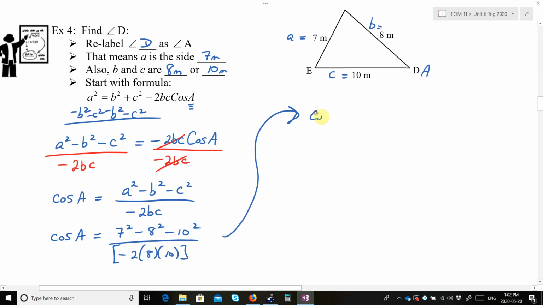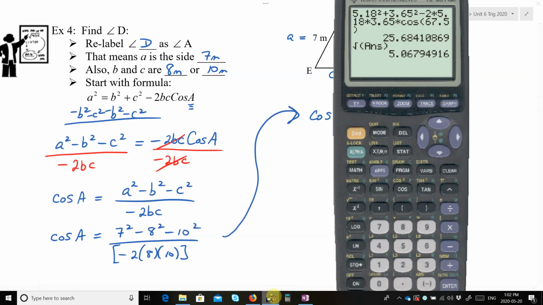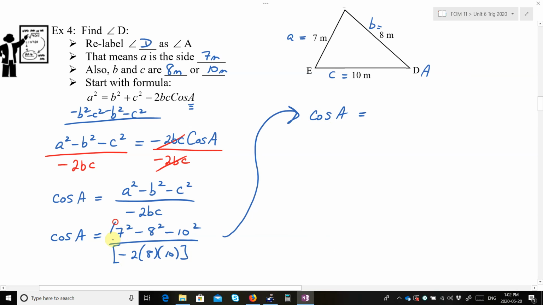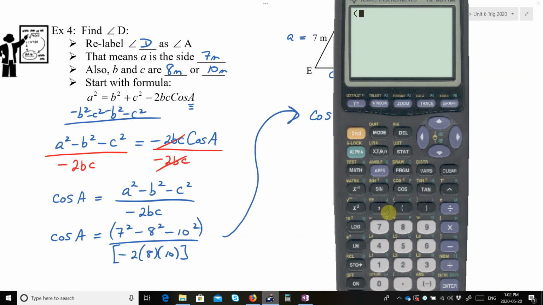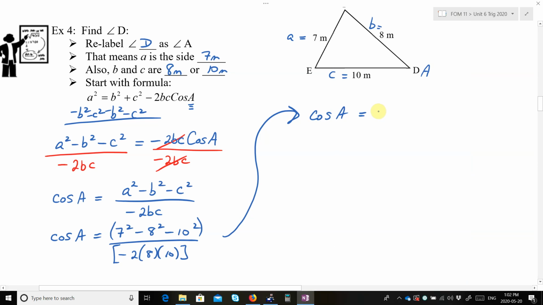Which leads me to cos A as equaling, I'll put the top in brackets too so there's no problems, 7 squared minus 8 squared minus 10 squared divided by, in brackets, negative 2 times 8 times 10. Okay, 0.71875.